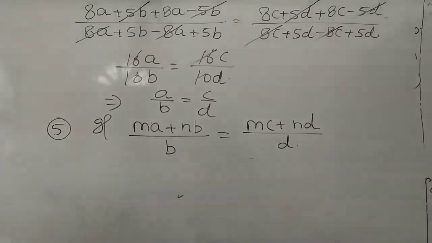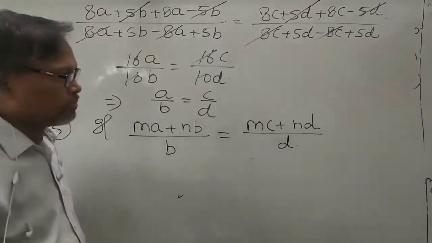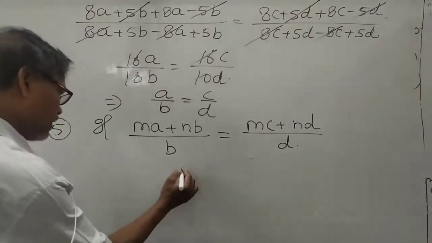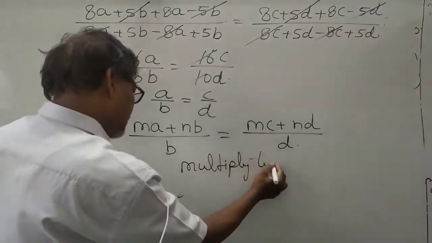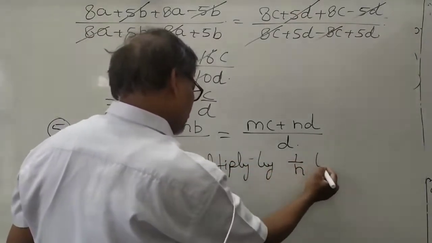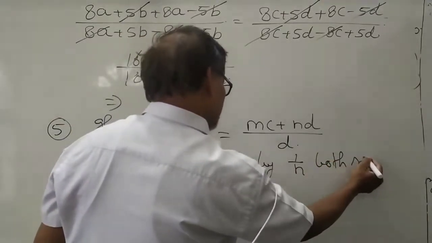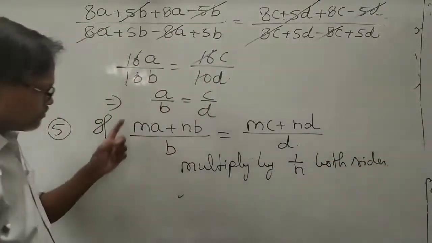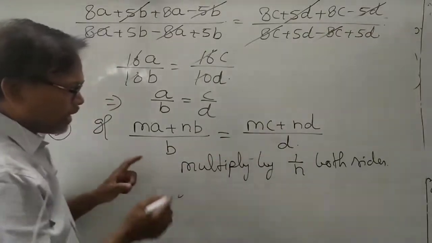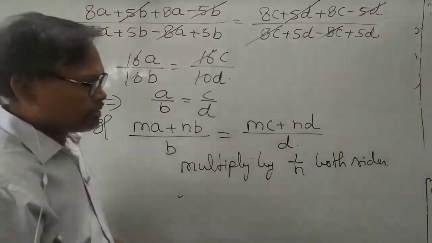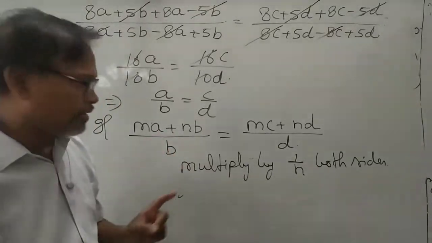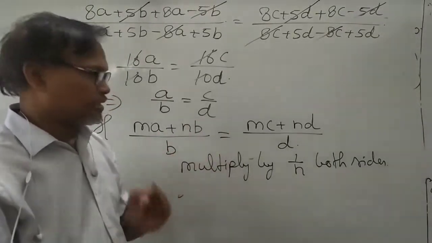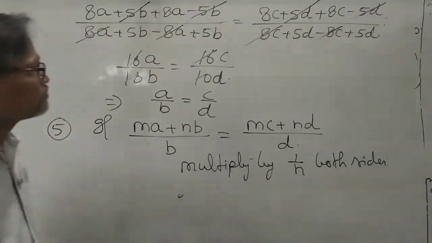If you apply componendo dividendo directly, then that will not reduce a, b, c. But when you multiply by 1 upon n both sides, what do you get? nb and nd, and then apply dividendo, because if we apply it, then minus 1 will come and it will be cancelled.